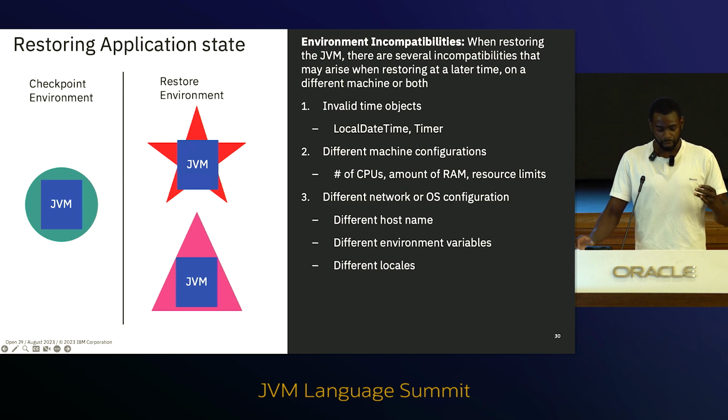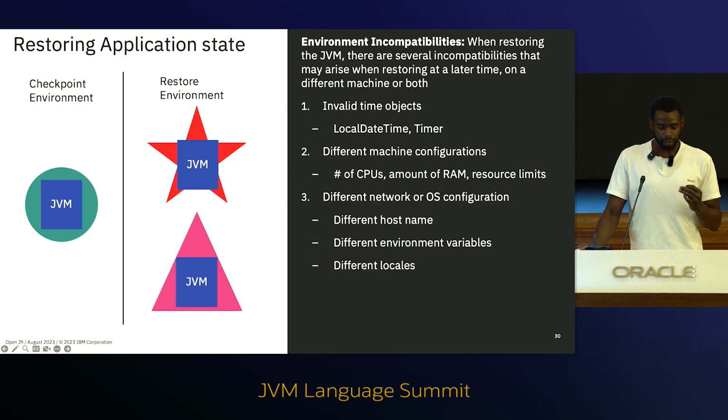So, for example, if you take your checkpoint at 10 a.m. and restore it at 11 a.m., and you've got objects in your heap that are sensitive to time changes, this may affect your application behavior if you have algorithms that are depending on certain guarantees there.